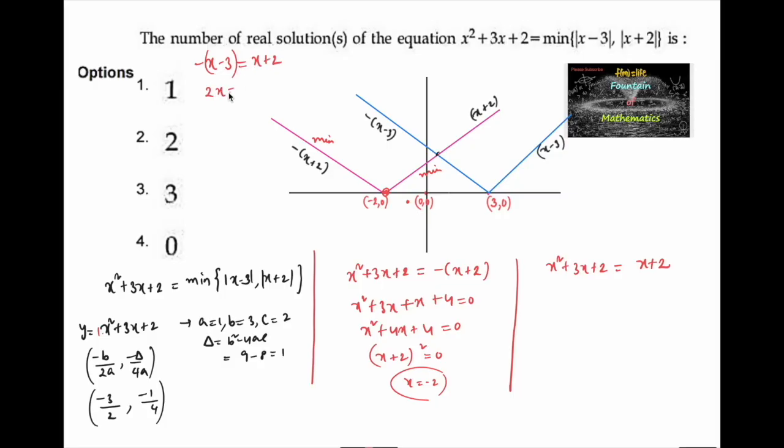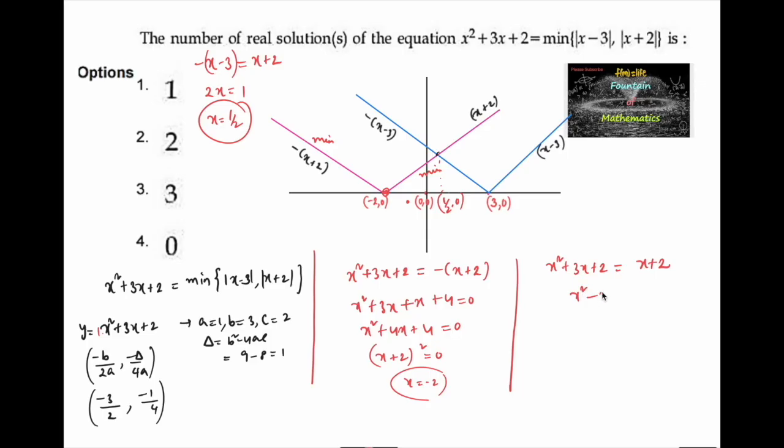So we get 2x is equal to 1, so x is equal to half. So we are getting this point as x is equal to 1 by 2. Till x is equal to 1 by 2, the minimum is nothing but mod of x plus 2, so we can take x plus 2.